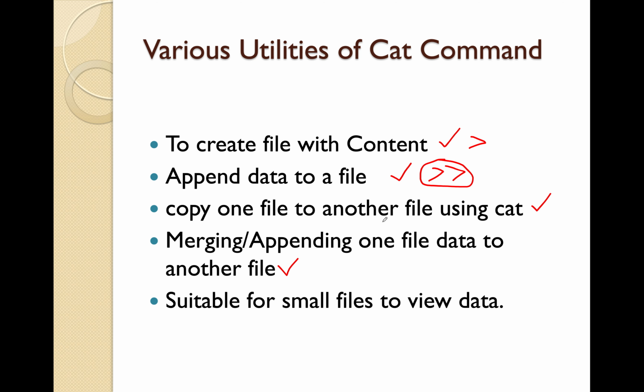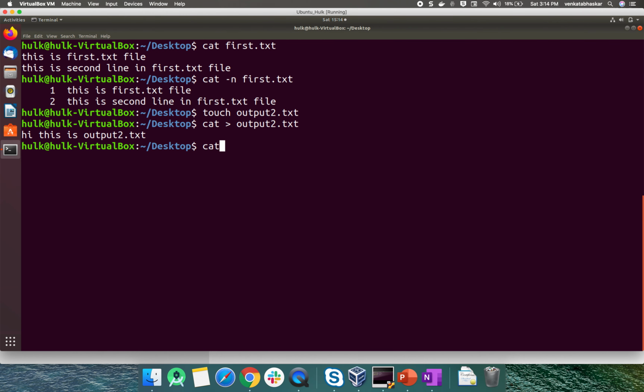Double greater than. How can I do that? Cat first.txt, double greater than, output2.txt. Click enter. Now the data is appended to output2.txt.